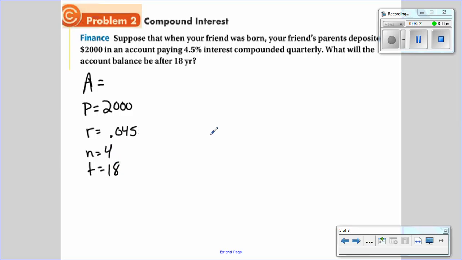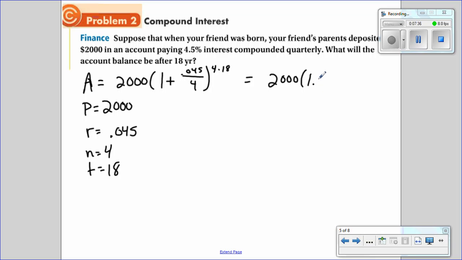That's our T. And so A is going to equal all of this together from that equation. So 2,000 times 1 plus R, which is 0.045, divided by N, which is 4, raised to the N, which is 4, times T, which is 18. And if we plug all of that in, you're going to get 2,000 times what that comes out to be.